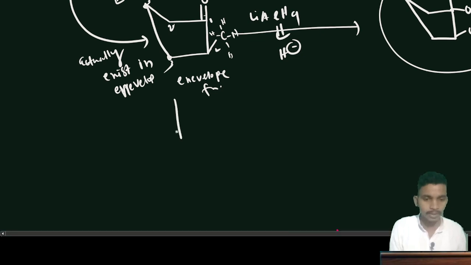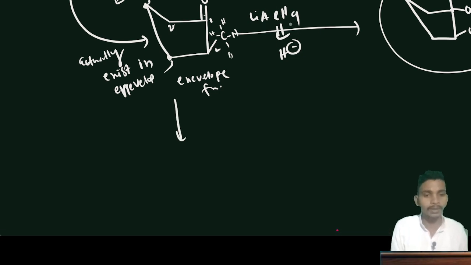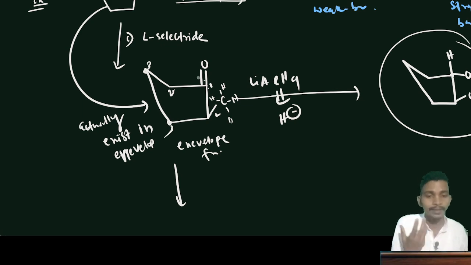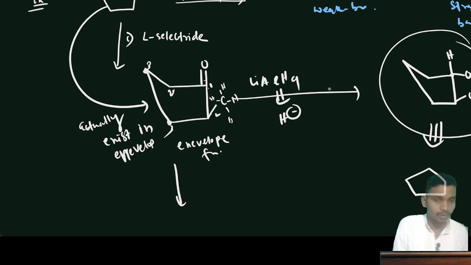Okay, since this is a bulky group, it does 1,2 addition, but here since conjugation is not there, it always attacks here, and since this is a bulky group itself, it will attack from that side. After that, convert into the original form, because in the questions the original form will be there.